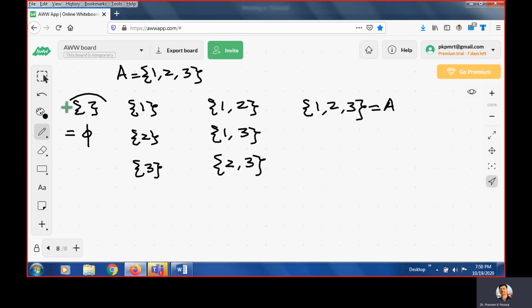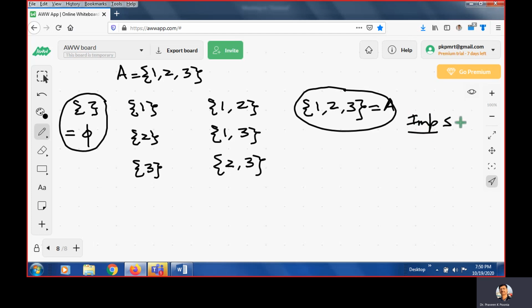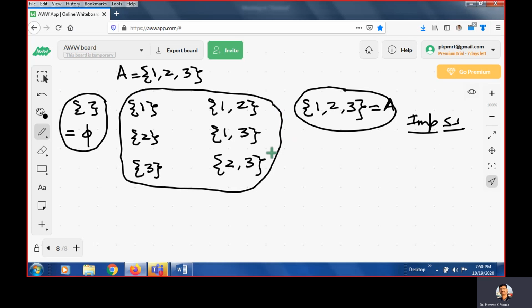So my dear friends, this set phi and this set A, these two are improper subsets. And these six are called proper subsets.